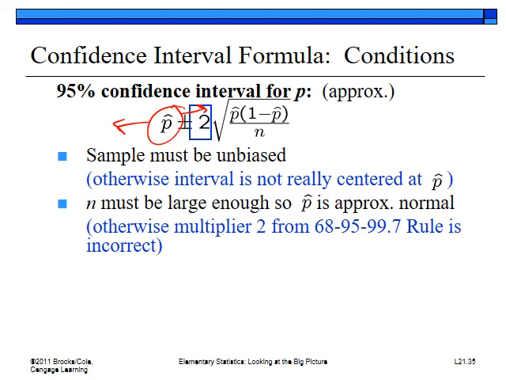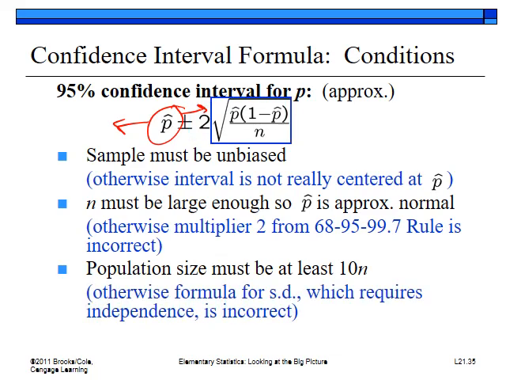Otherwise, we can't use that 2 that we get from the 68, 95, 99.7 rule to generate the interval. We also need to know that the population size is at least 10 times N, which, remember, guarantees that our selections are approximately independent.